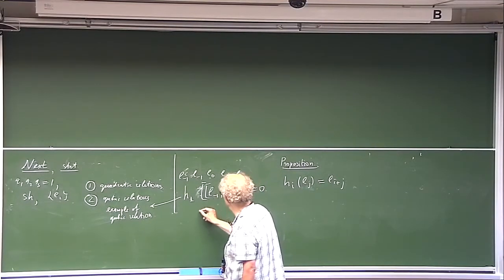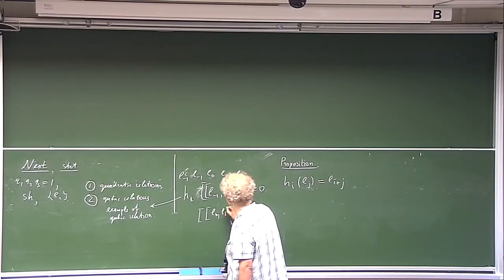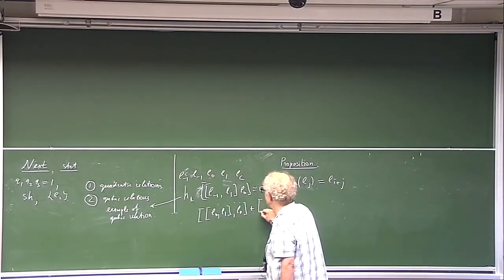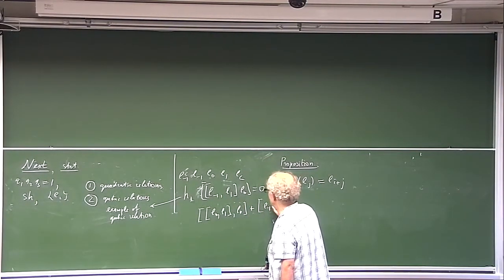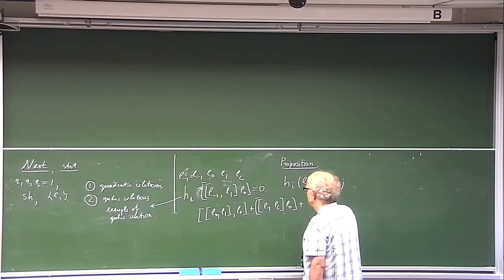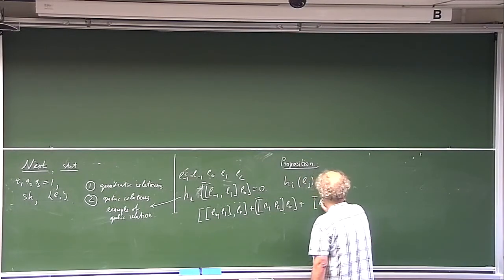And it gives me what? It gives me, for example, in this case, E0, E1, plus E minus 1, E2, E0, and plus a third term, E minus 1, E1, and E1 again.